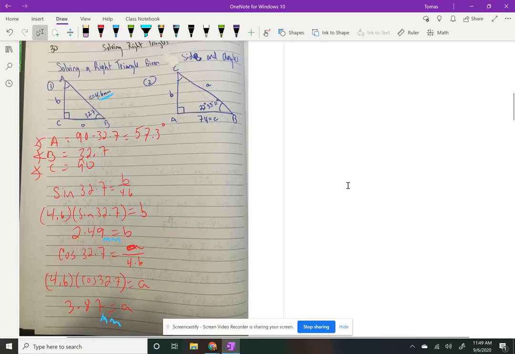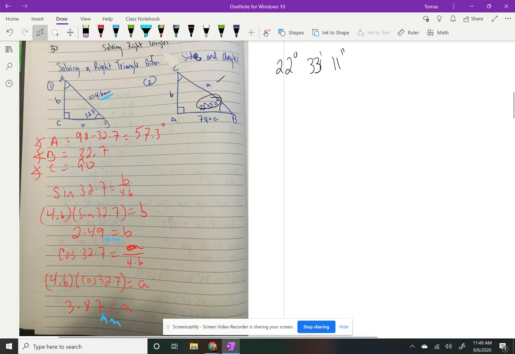So number two is a little bit different, guys, because we still have two angles on the side. However, we now don't have the hypotenuse, and our angles are not in decimal. So we first need to convert this from minutes and seconds to decimals.